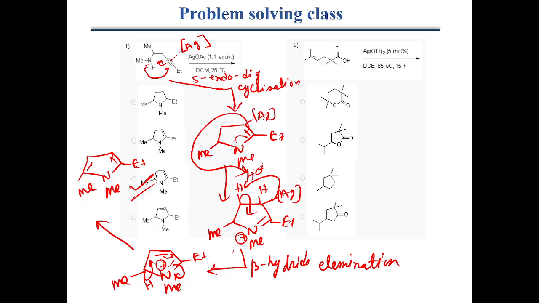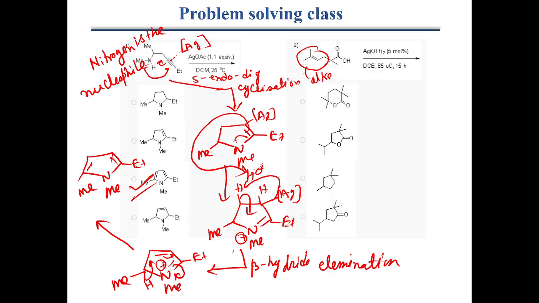Next is also silver. Here nitrogen is the nucleophile. In spite of alkyne, alkene can also be activated by silver. This is the alkene moiety.